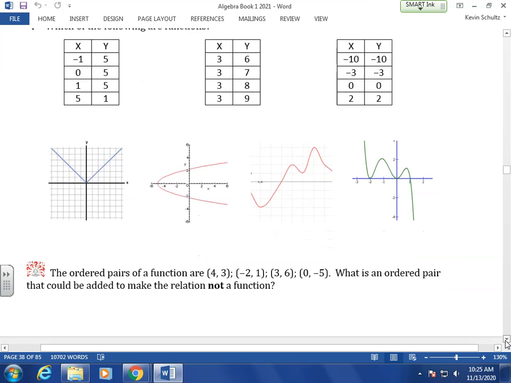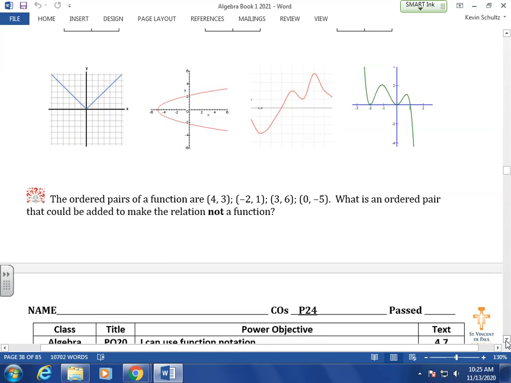Very picky. Okay. The ordered pairs of a function are (4, 3), (-2, 1), (3, 6), and (0, -5). As this is written, picture it as an XY table. They're written out horizontally here, but picture them XY table-ish. Does x repeat itself in these 4 ordered pairs? No. So as they're written, is it a function?